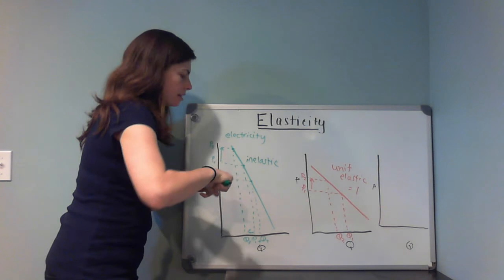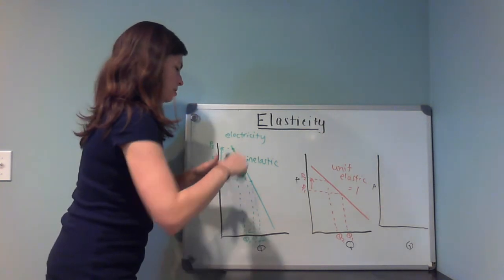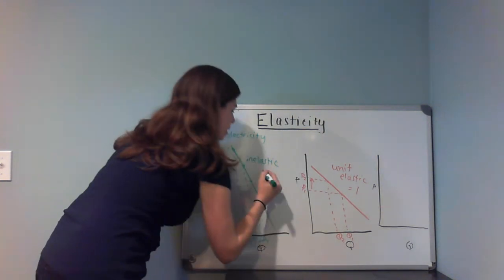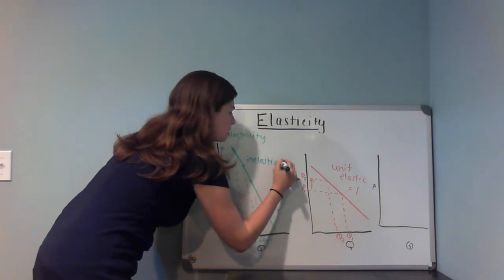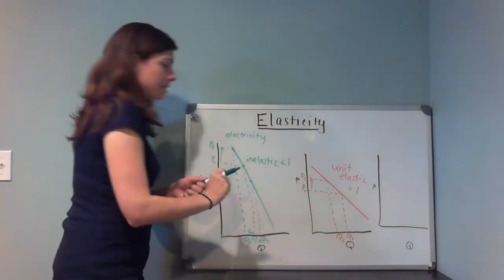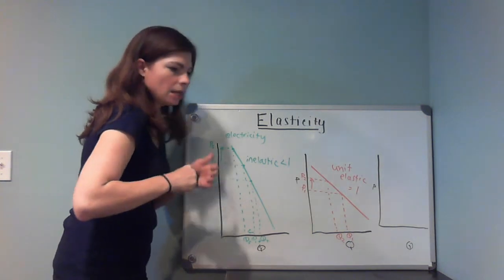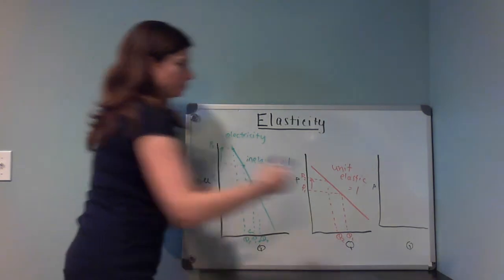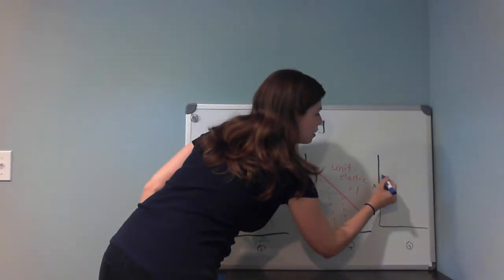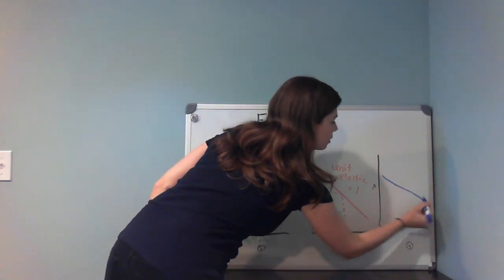But if it's anything lower than 1, when we do the calculation, which we'll do in a minute, this is less than 1. It's inelastic. And last is our elastic demand. So elastic demand, it'll be a flatter curve.